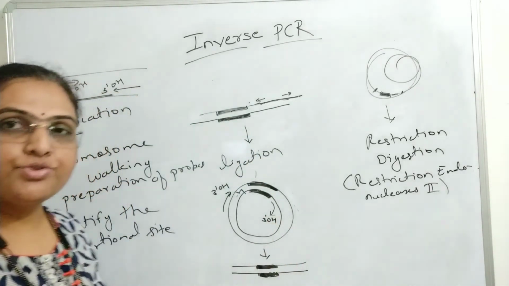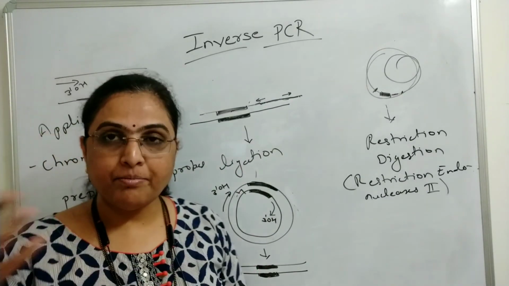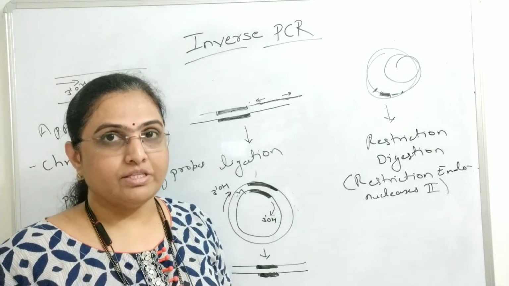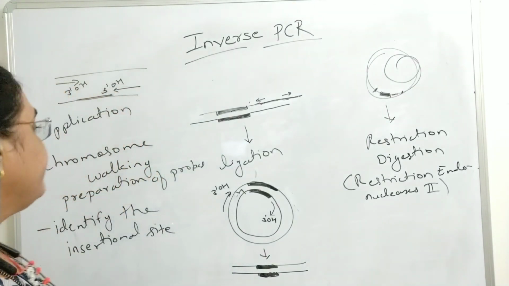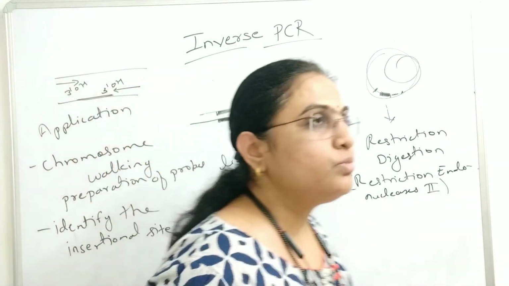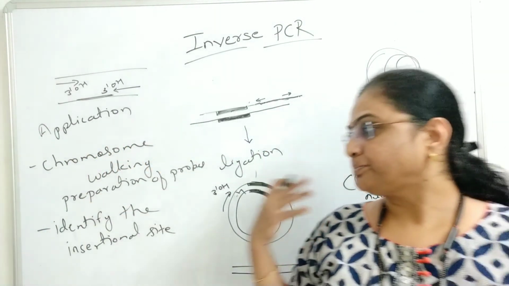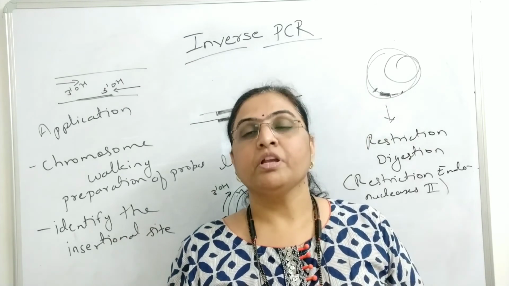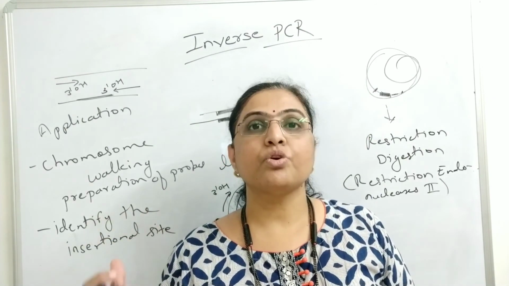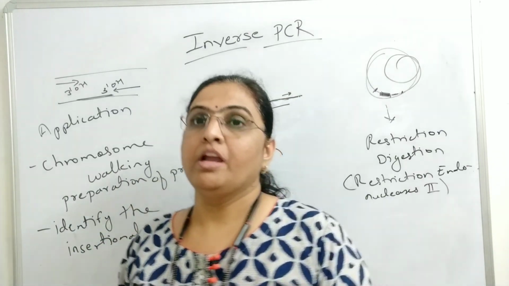After amplification, you can do DNA sequencing and find out which bases are present at that particular site, and in this way you can identify the insertional site for the viruses, transposons and the transgenes.